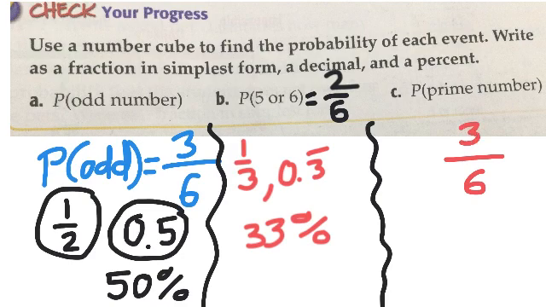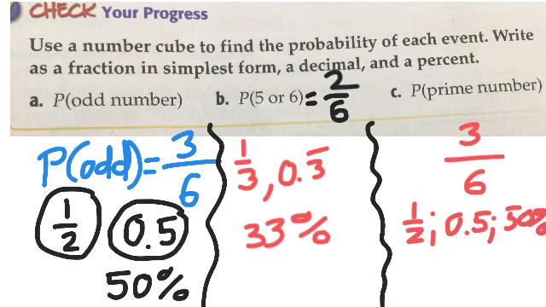So 3 over 6 reduces to 1/2. As a decimal, 1/2 is 0.5, which if I move the decimal twice, gives me 50%.